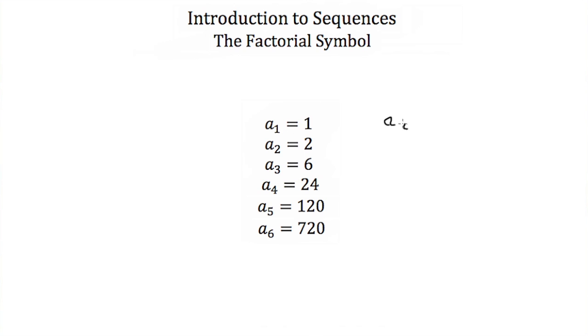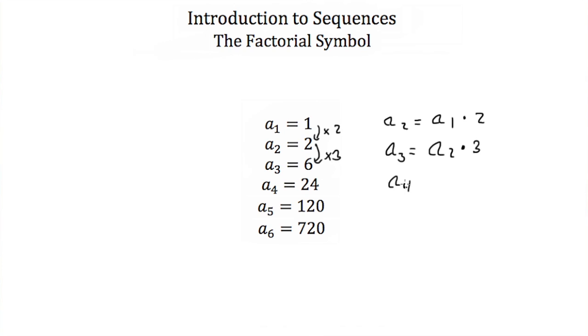I know that A2 is going to be equal to A1, and then it's either plus 1 or times 2. I'm going to say times 2. So our second term 2 would be our first term 1 multiplied by 2. Our third term, that's equal to our second term times 3 this time.